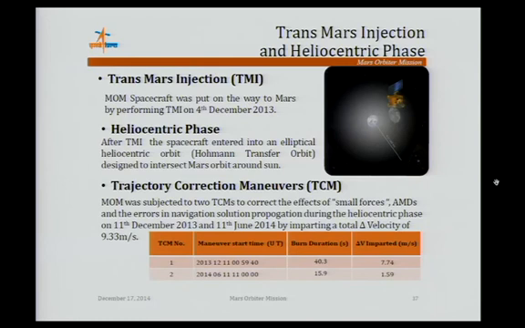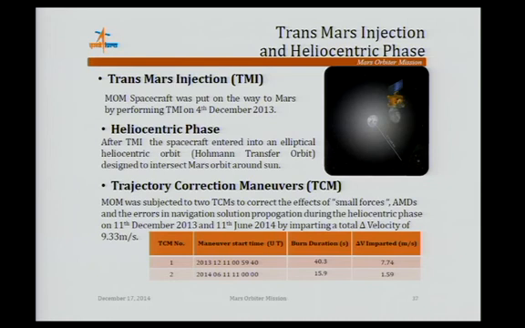Basically TMI operation. Here there are 3 phases. MOM spacecraft was put on its way to Mars by performing TMI on 4th December. Then the heliocentric phase: after TMI, the spacecraft entered an elliptical heliocentric orbit designed to intersect Mars orbit around the Sun. Then trajectory correction maneuvers, TCMs, for correction of the orbit to reach Mars.